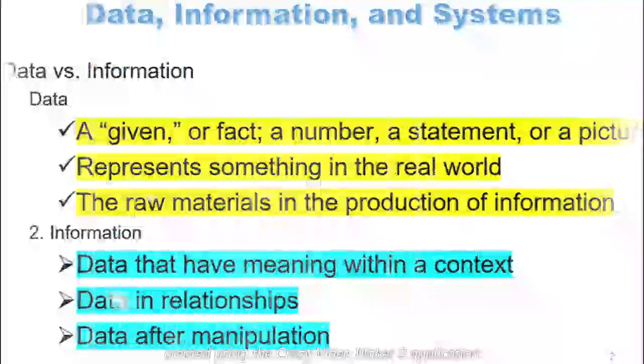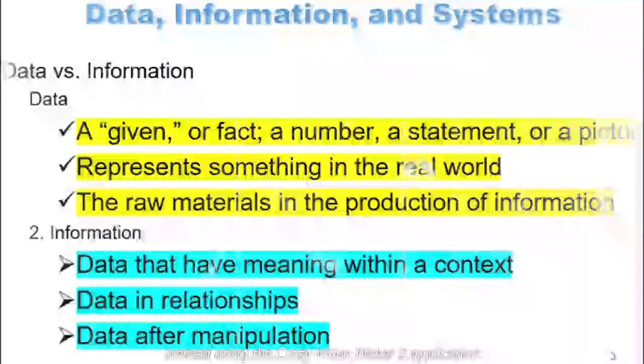Then we move on to information. Information can be in different formats. It can be verbal, radio media, pictorial, in a document, or in a PDF format. So information is data that has meaning within a context.